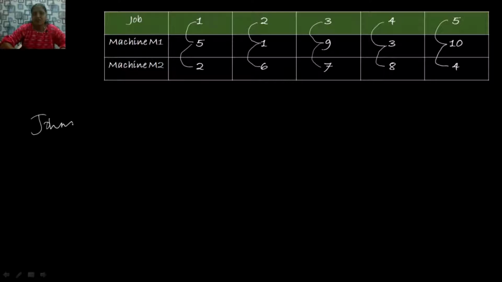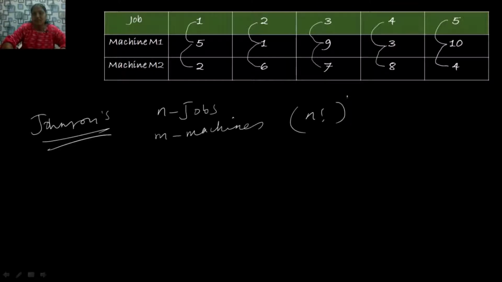Why we prefer Johnson's method is, if there are n jobs and m machines, then there are n factorial power m possible ways of sequencing.